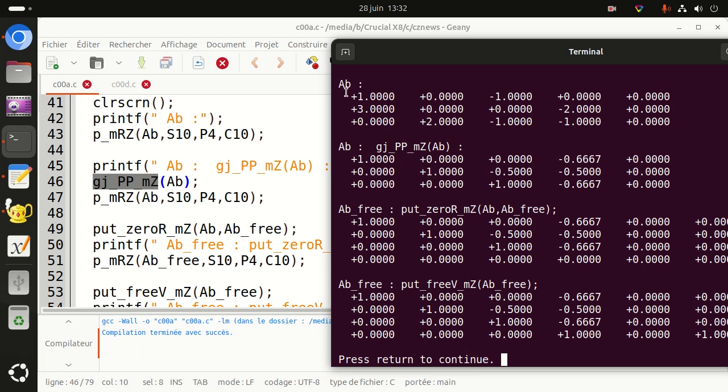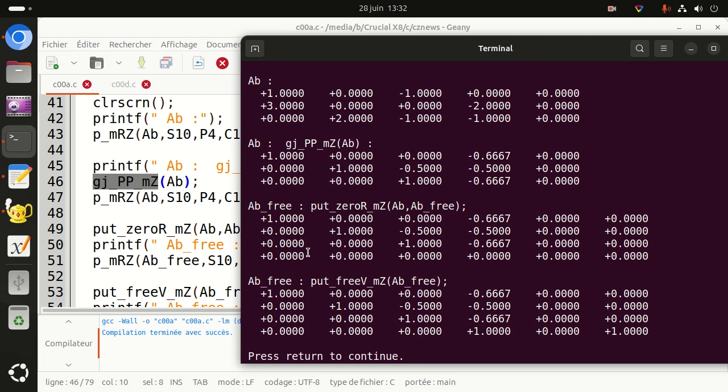Why? Because I have 4 columns and 3 lines. So I introduce 3 variables: a line of 0, and a column of 0. This is the first part. In the second part, I put the 3 variables here, and I put the 3 variables here.